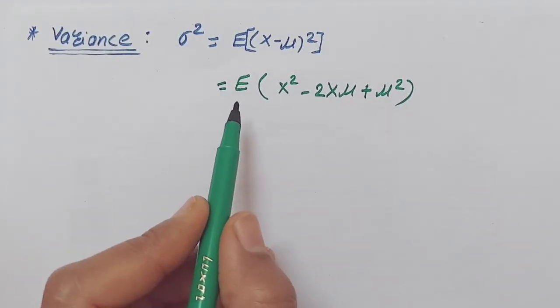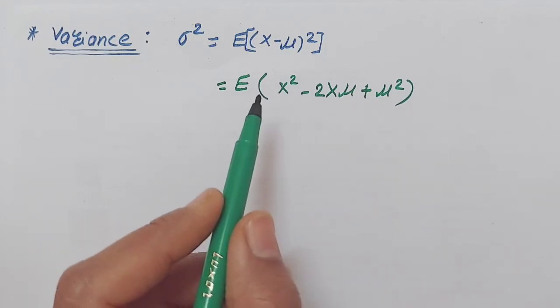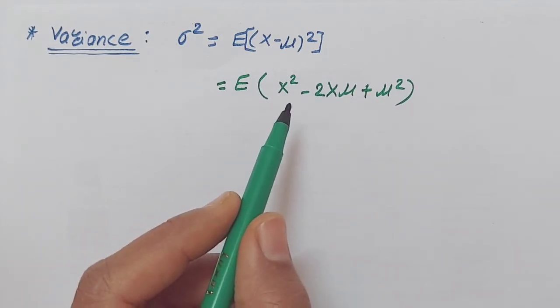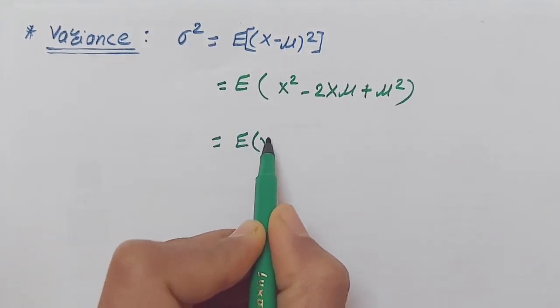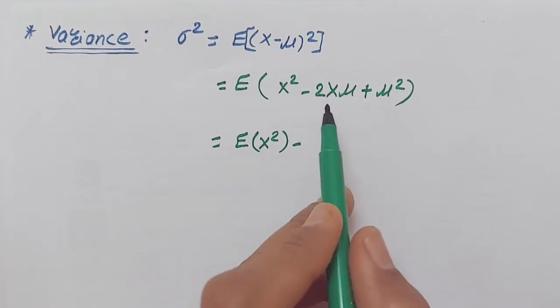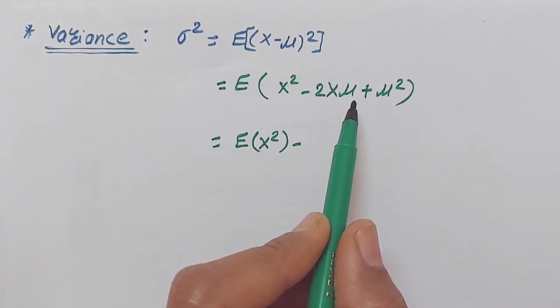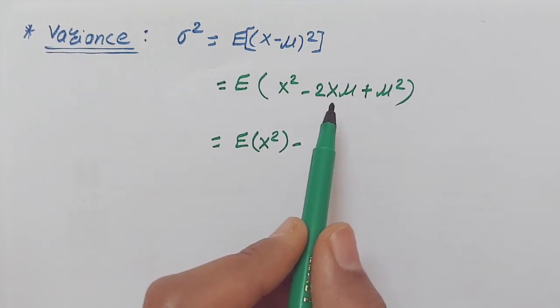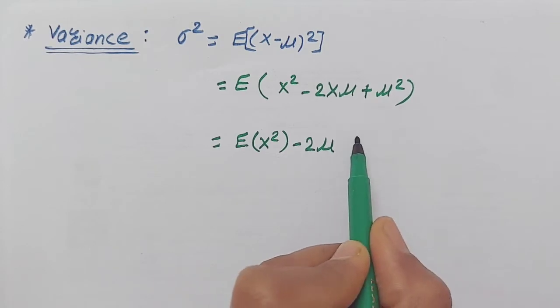Now as you know that expectation is a linear operator, so we can separate term wise, and expectation is specially applied on variable x. So the first term is expectation of x square, and from the next term we have to take the constant outside. Mu is expectation of x, that means it is again a constant, and 2 is a constant, so 2 mu is a constant outside.